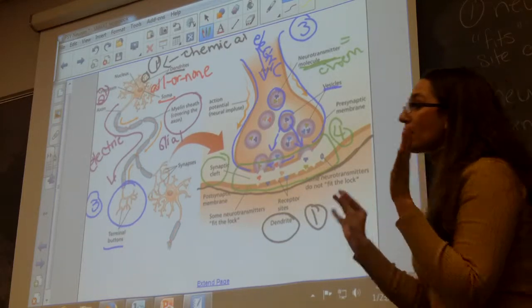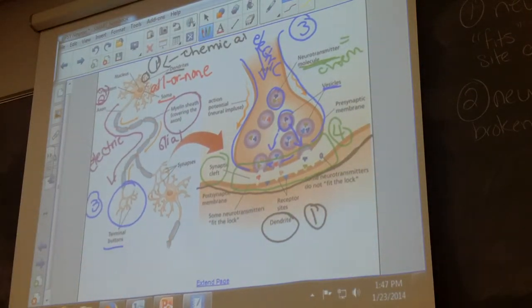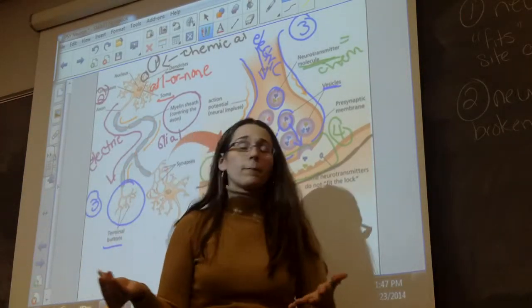Now there are lots of very specific types of enzymes. If you're interested in looking it up, you can definitely find out about it. That's beyond the scope of what we want to cover. But if they're broken down by enzymes, they're not being used anymore.